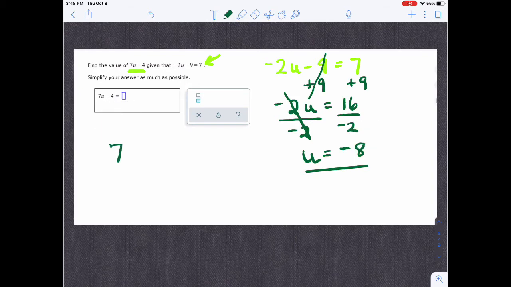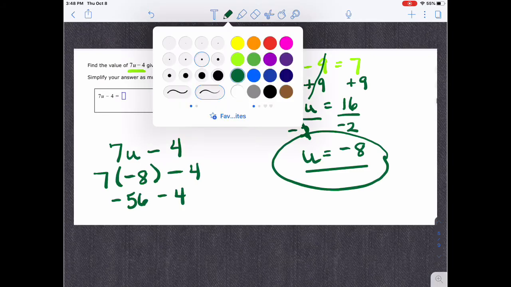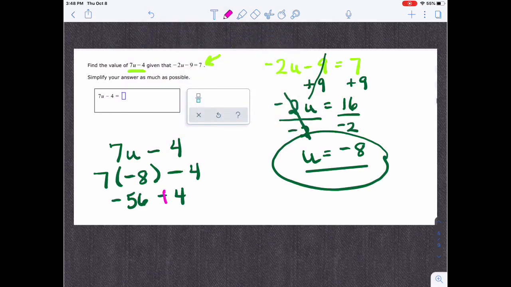What is 7u minus 4? Well, if I know what u is, I can plug it in. Okay, order of operations, 7 times -8 is -56, minus 4. We add the opposite to get -60. Okay.